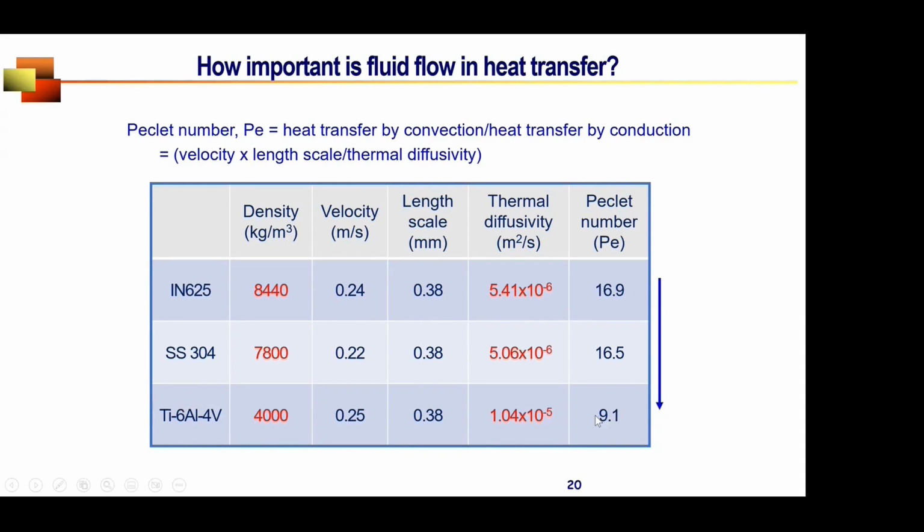But one thing is common. In each of these cases, the Peclet number is much higher than 1. So if you want accurate calculations, then it is important to do both heat transfer and fluid flow calculations in order to get the temperature fields, the cooling rates, and other parameters.